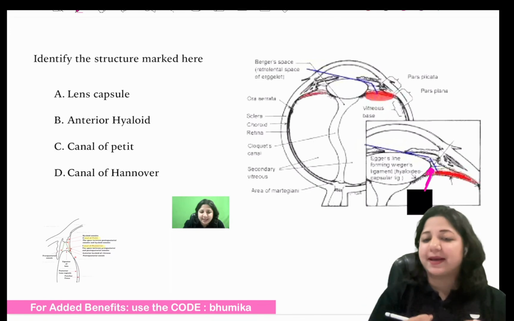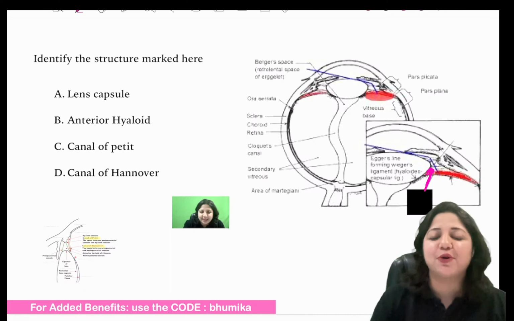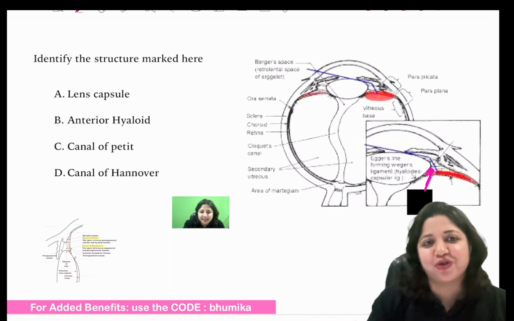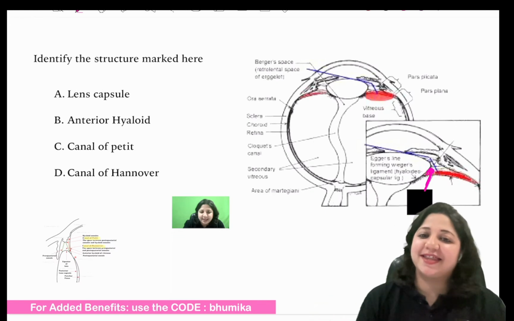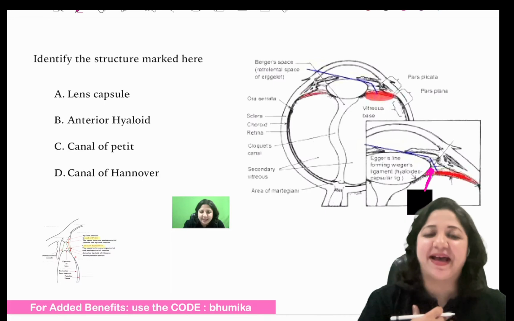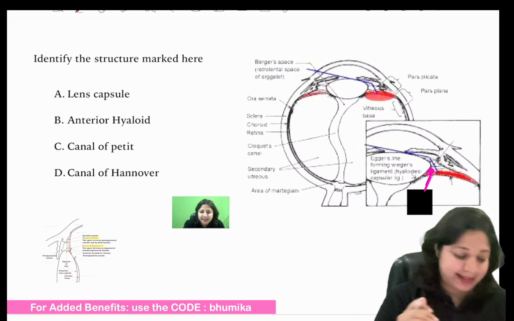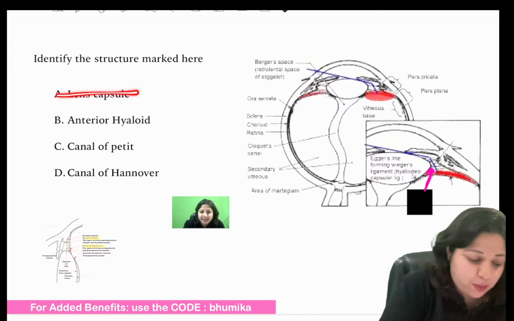Yes, there was always something in my mind that is it really worth teaching this part of anatomy, because it is something which is on an advanced edge, on a higher edge. But this question coming in this exam has proved, yes, my wit was actually right. So anyways, even if we did not know, let's see, we knew this is not lens capsule here. The lens capsule has nothing to do here. So this was actually out.